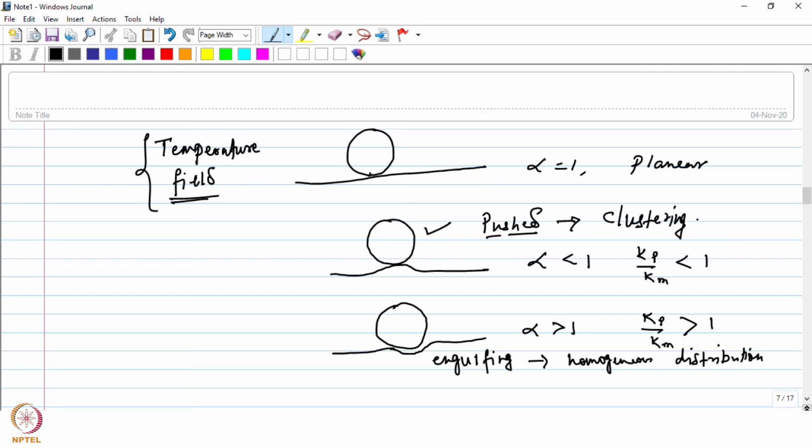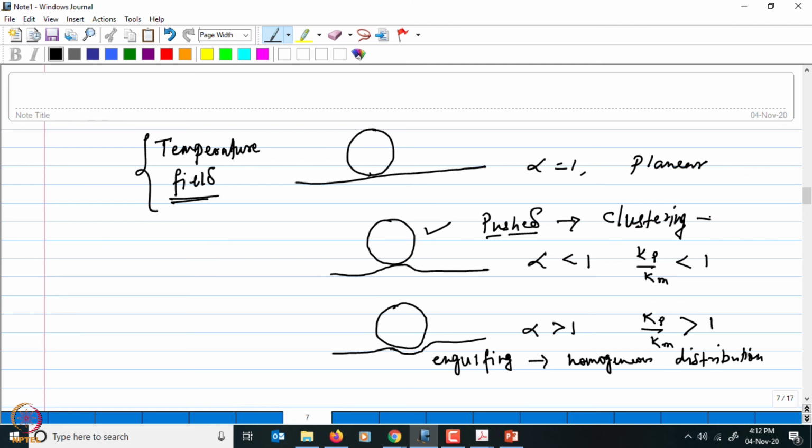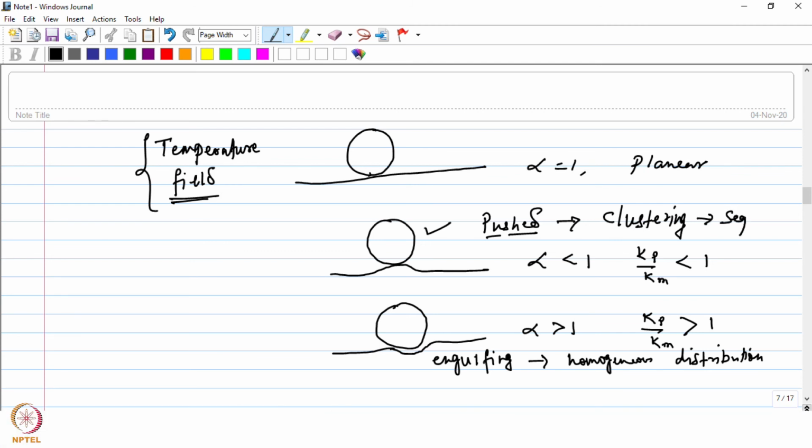Okay, so clustering means particles will be clustered or segregated along the interdendritic region, whereas engulfing leads to uniform distribution inside the grains.